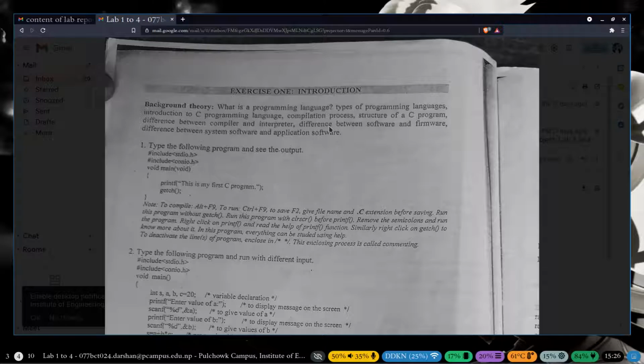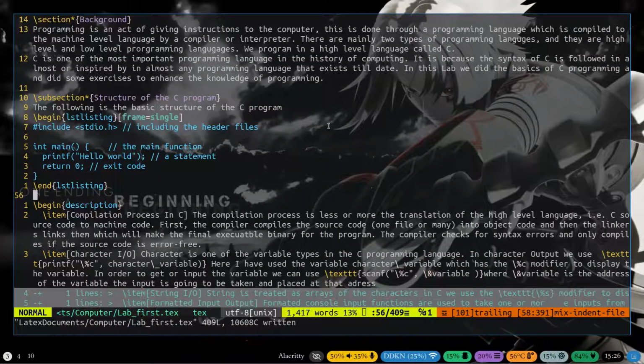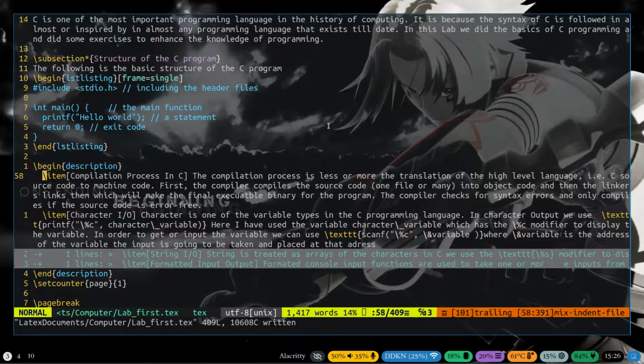Next, the difference between compiler and interpreter. There is a basic difference between compiler and interpreter. Okay, I have to write that also. I did not know that I needed to write that, but basically I'm going to write it.